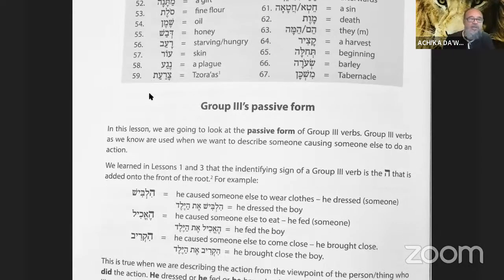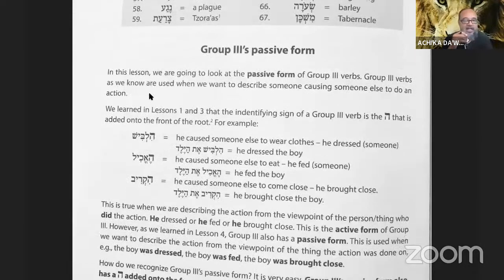We learned in lesson number 1 and lesson number 3 that the identifying sign of this group is the letter hey. If you see that letter in front of a root, or part of a root, you would know that it has to do with group number 3, which is causative. So we're going to cause someone else to do the action.